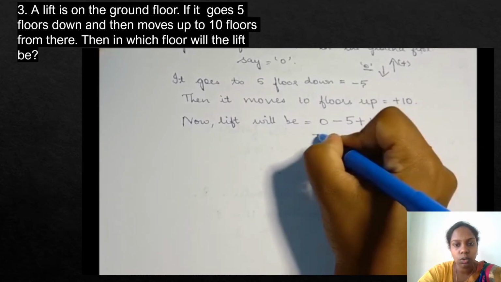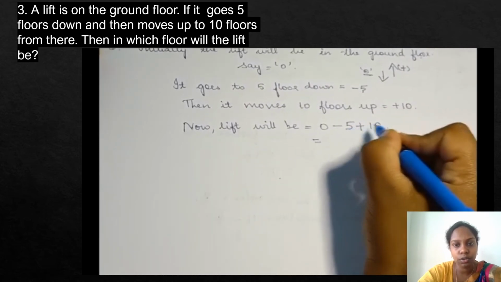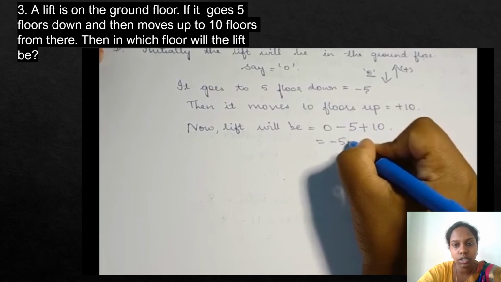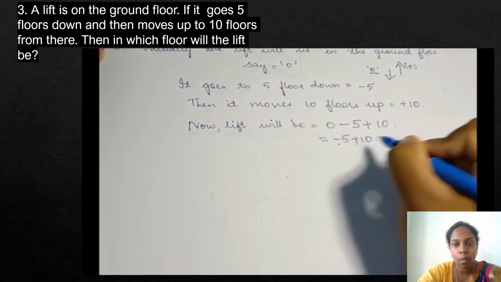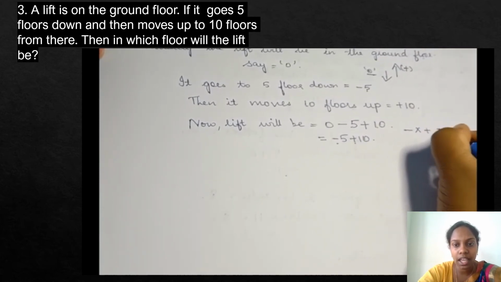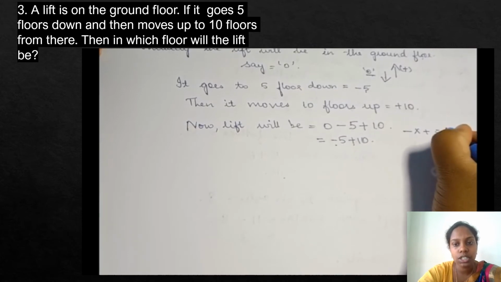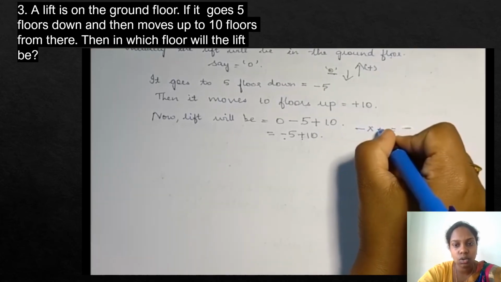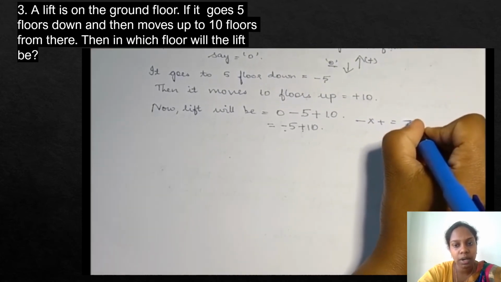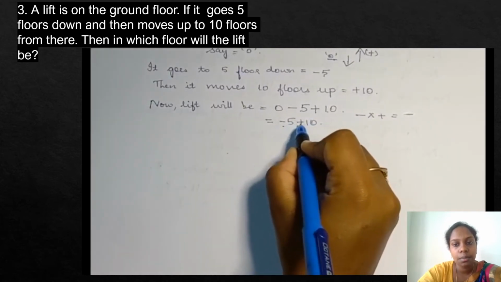Now starting from 0, the ground floor, it goes down. So 0 minus 5, and from there the lift goes up, which is plus 10. So 0 minus 5 will give you minus 5, and then plus 10.